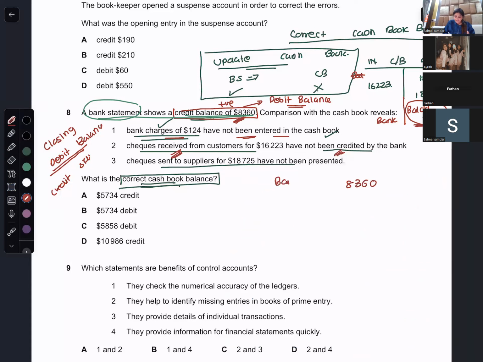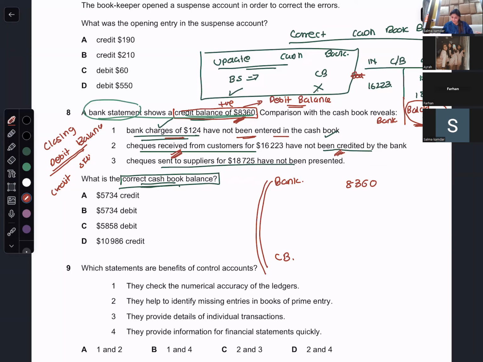Bank. But I want the balance as per cash book. So do they want the updated cash book from me or the BRS? If they want me to come from the bank balance to the cash book, they want the BRS.